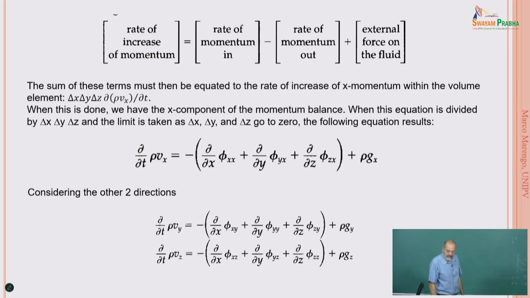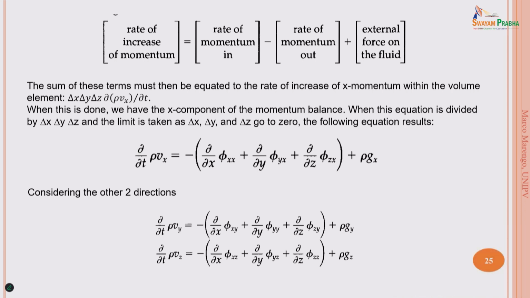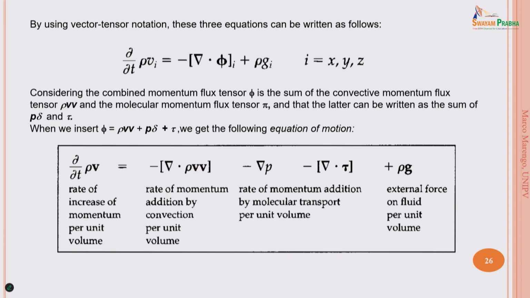So at the end, we are landing with something that is very similar to the mass conservation, because the mass conservation was this one with the mass. Now we have the same equation with the phi. Okay? And the phi again is P delta plus tau plus rho VV. Fine. This is for the x direction. We can have here the 3 directions.